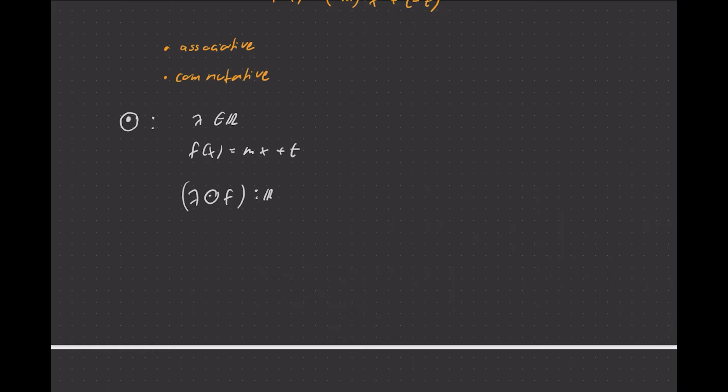Again, that is a function from R to R, and we define that function through definition of how it acts on any given input. So lambda times f of x, and again we just do this pointwise. So what we do is we take lambda times m times x plus lambda times t to be the new function, the result of this scalar multiplication.